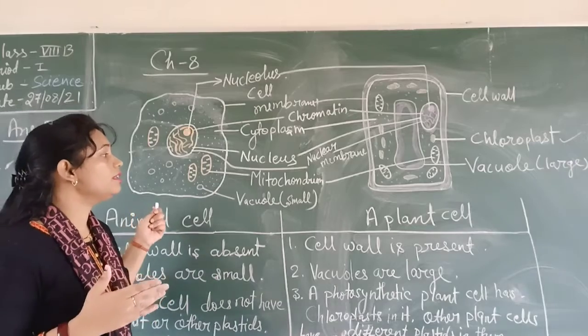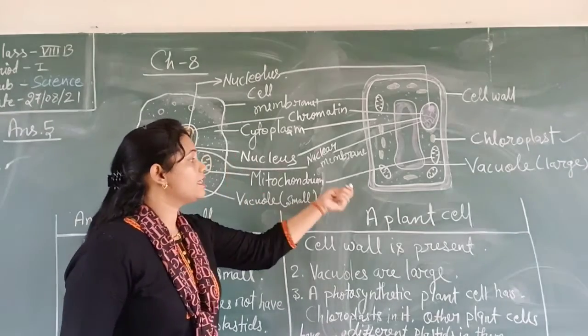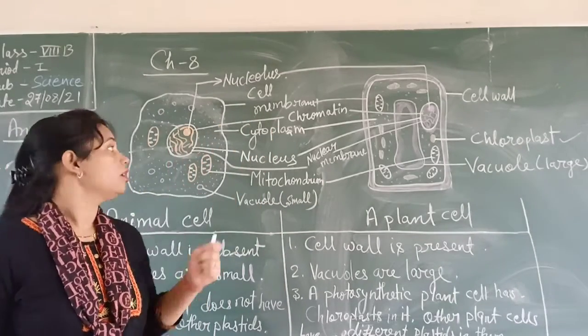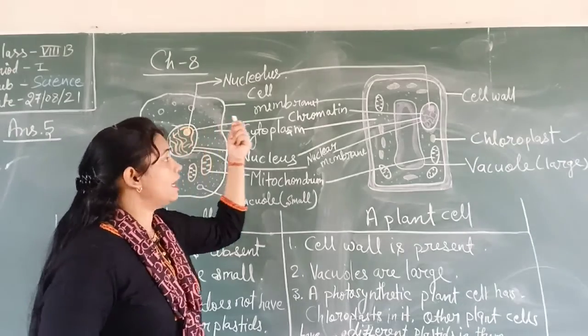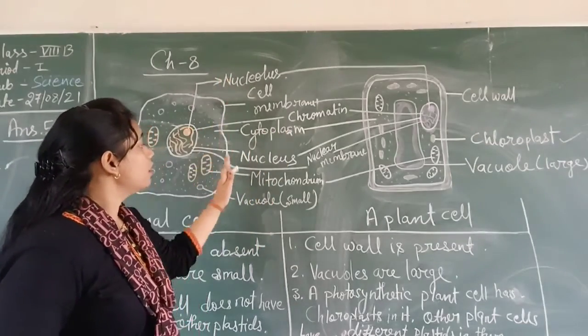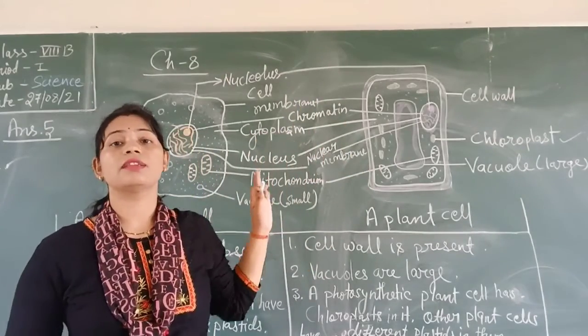So what are the similarities? Similarities are that plant cells and animal cells both have a nucleus. Both have a cell membrane. So these terms which are written in the middle of both pictures are the similarities.